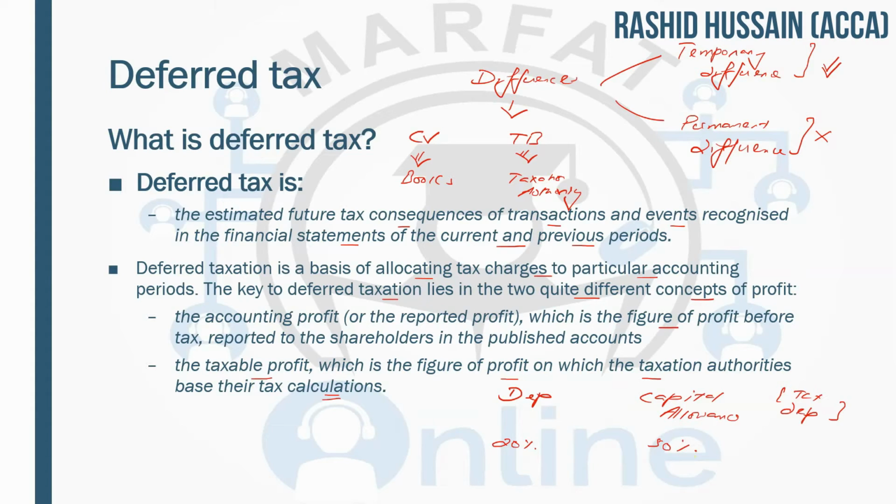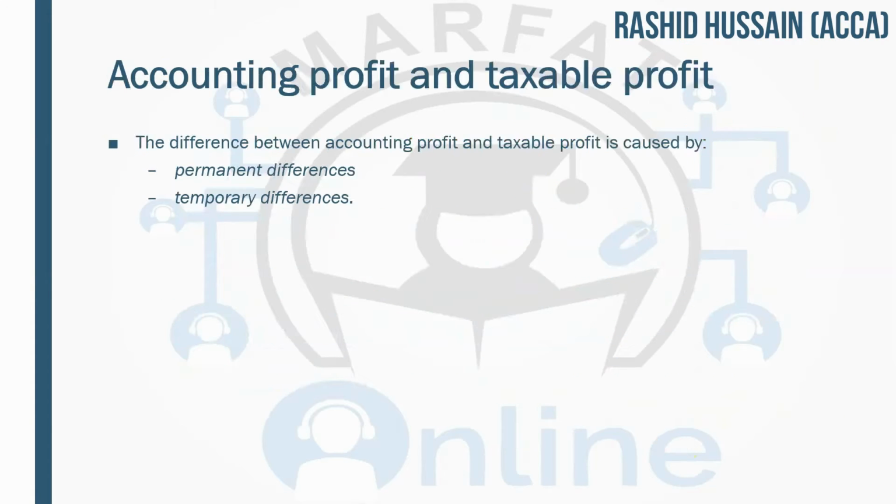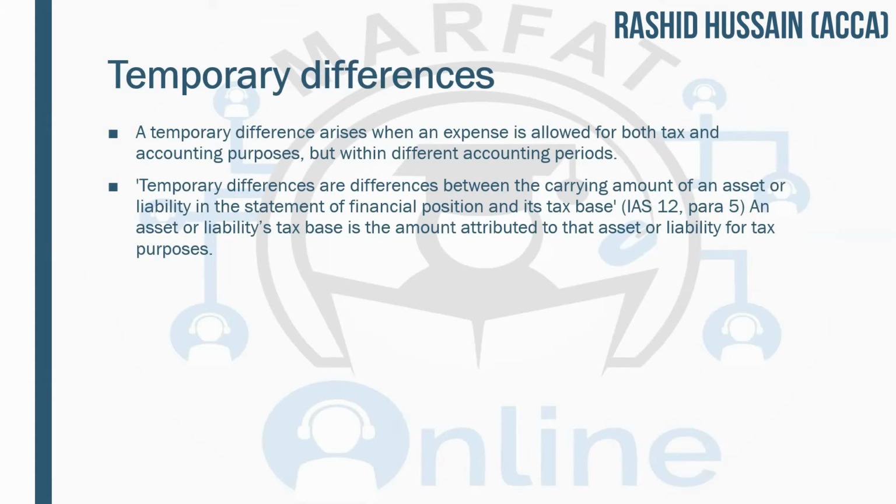But this is again a temporary difference which will be settled in the future. And that temporary difference is giving rise to either a deferred tax liability or a deferred tax asset. So here we have the discussion of the temporary differences and permanent differences. The temporary differences, as I've already told you, let's give you an example.